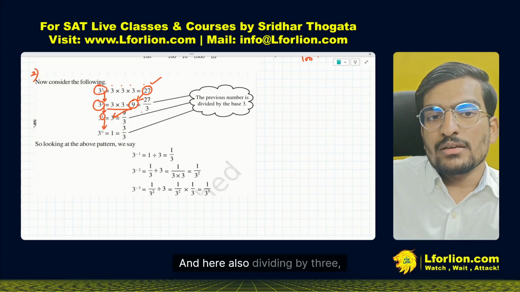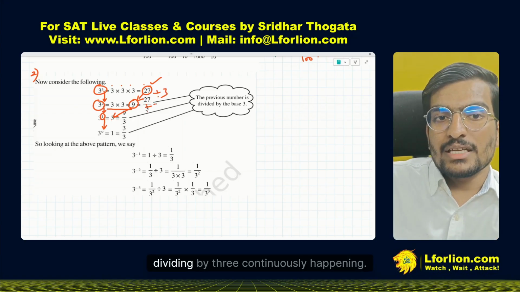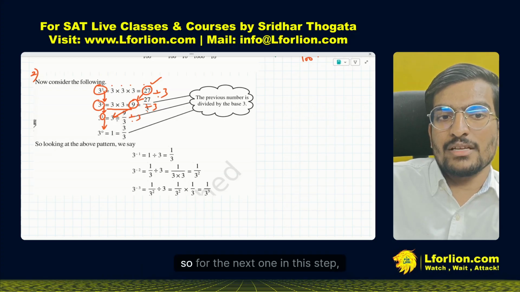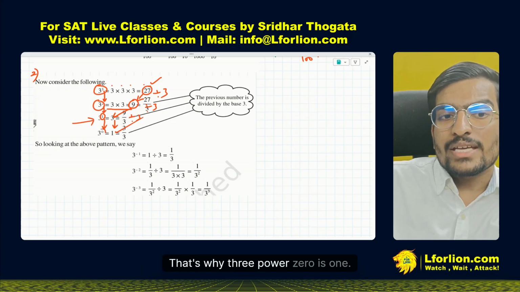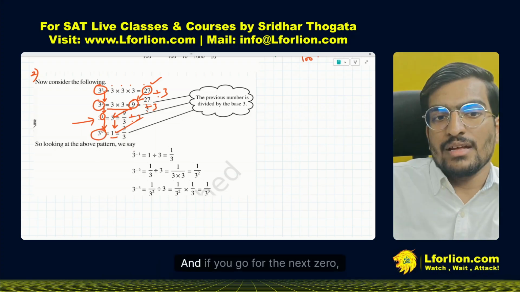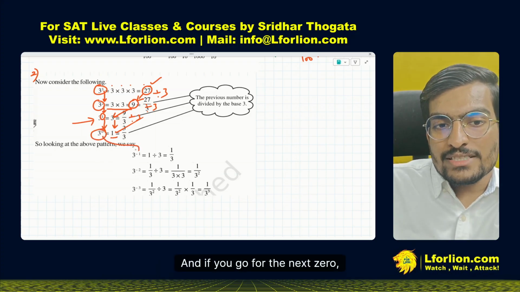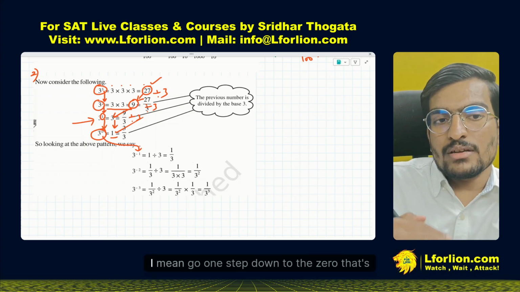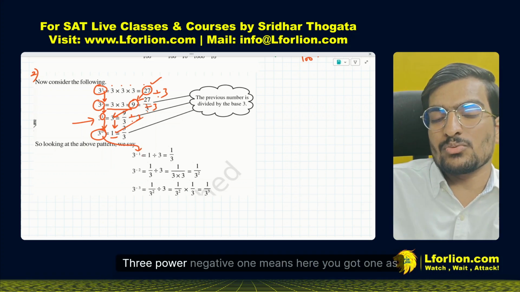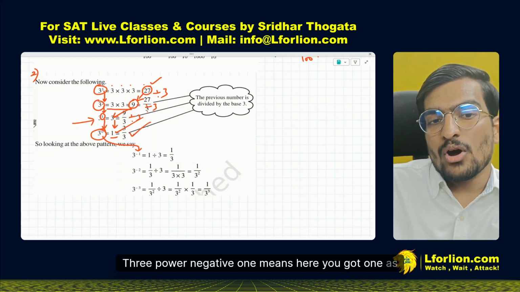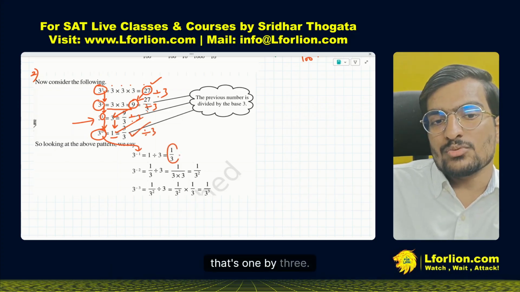And here also, dividing by 3 is continuously happening. So for the next one, 3 divided by 3 is 1. That's why 3 power 0 is 1. And if you go one step down from 0, that's -1. 3 power -1 means you got 1 as the result, divided by 3, that's 1 by 3.